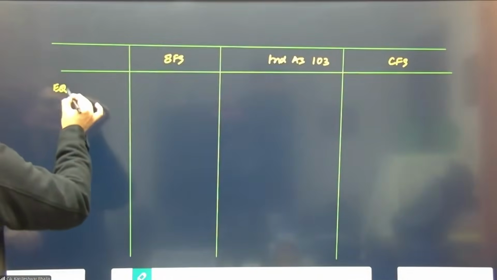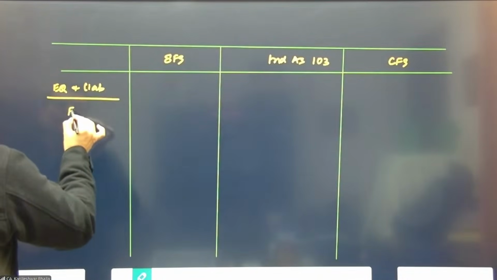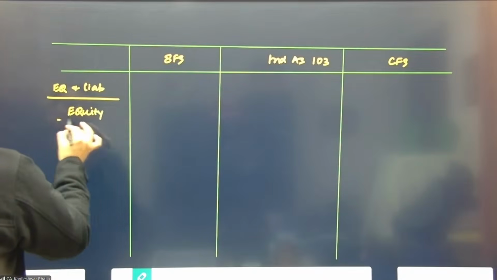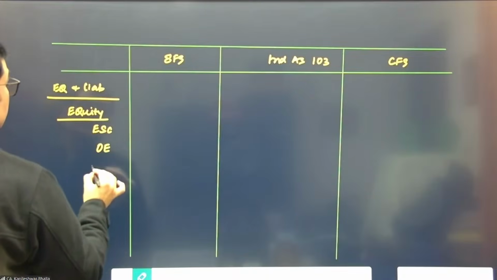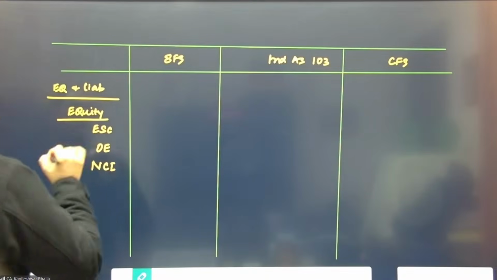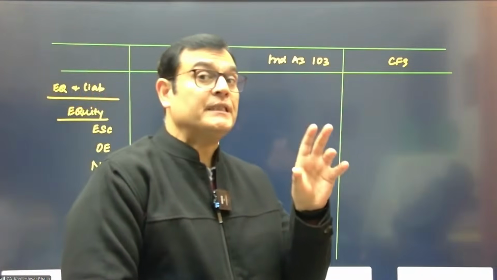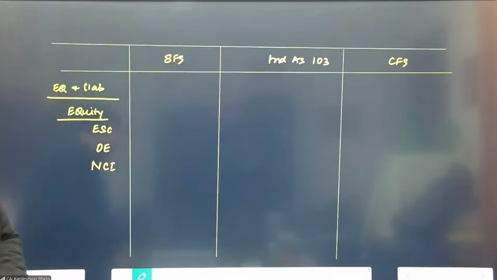Let's consider the equity and the liability section now. In the equity section, we are going to consider equity share capital, then other equity, and the NCI will also be a part of the equity section itself. When you show the equity, NCI is a part of the equity section.